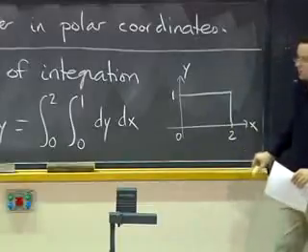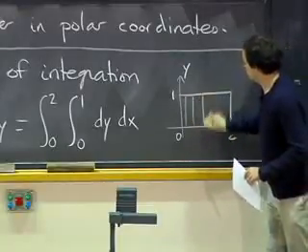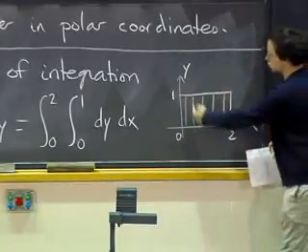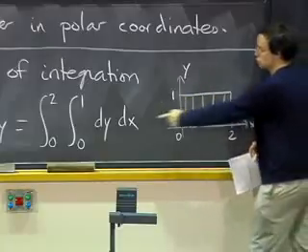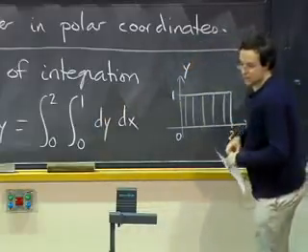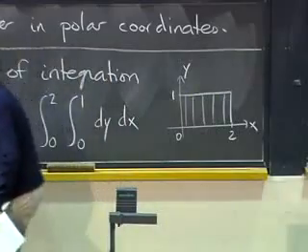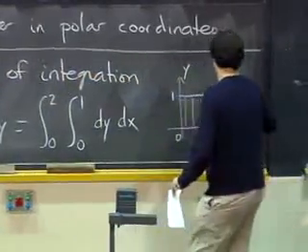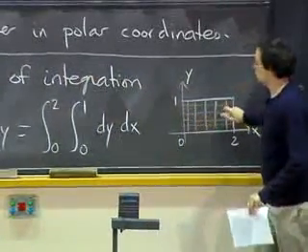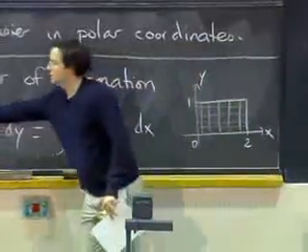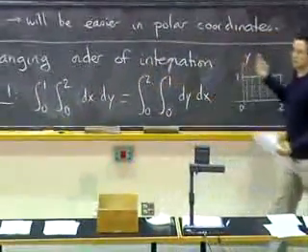It's a rectangle. So if I slice it this way, you see that y goes from 0 to 1 for any x between 0 and 2. It's this guy. If I slice it that way, then x goes from 0 to 2 for any value of y between 0 and 1, and it's this one. So here it works.